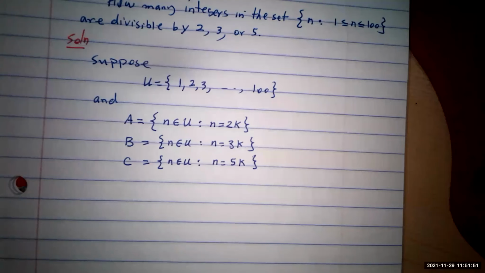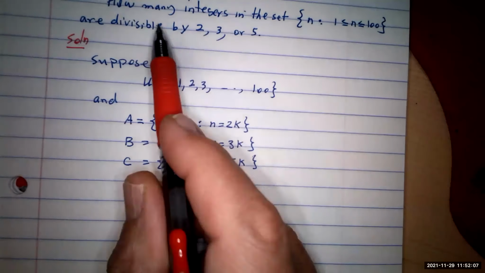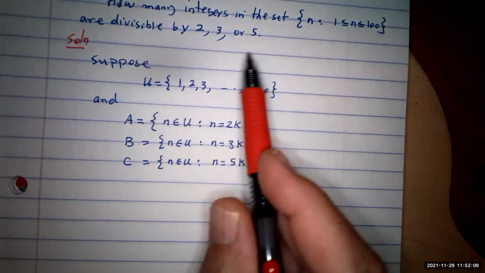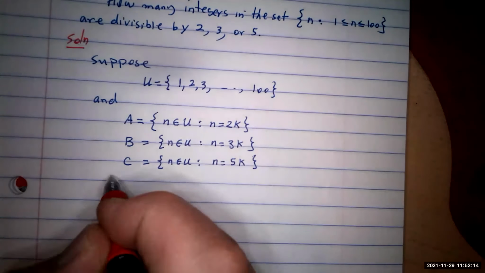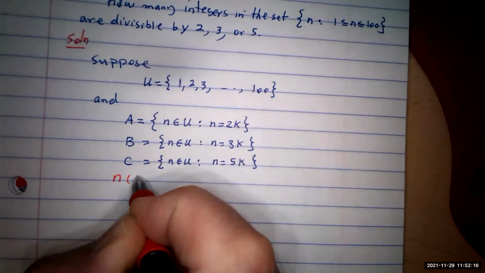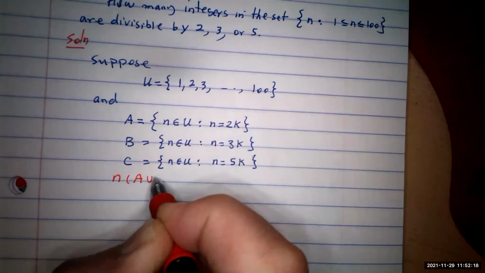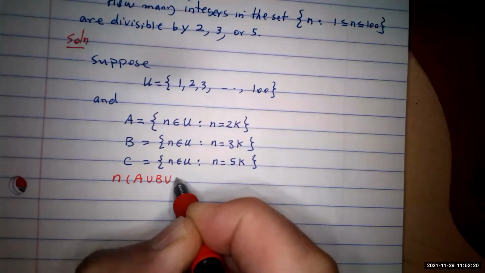So instead of writing in word form, we're just using these symbols for divisibility by 2, 3, and 5. So now what's going to be the question? You want to know how many numbers are going to be divisible by 2, 3, or 5. This means you are interested in N of A or B or C. See?